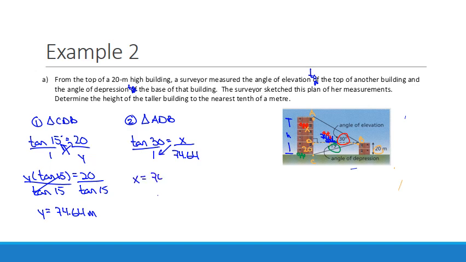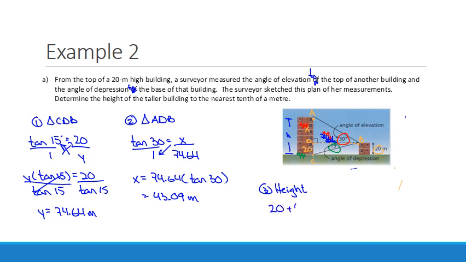X equals 74.64 times the tan 30. All right, that ends up being 43.09. And that is meters. So now I know those two components. So the third step for the height, it's simply going to be equal to adding those two things up.